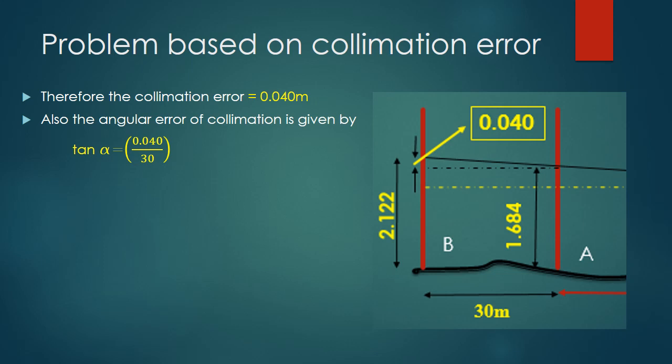With this equation we can find the value of alpha, the angular error of collimation. So alpha equals tan inverse of 0.040 divided by 30, which gives a value of 4 minutes and 35 seconds.